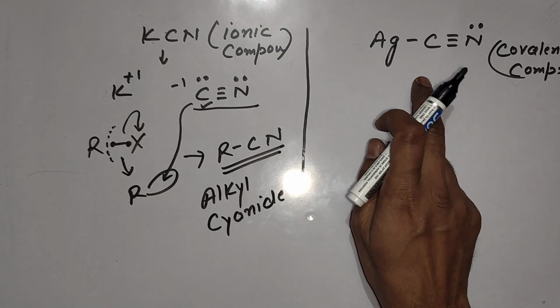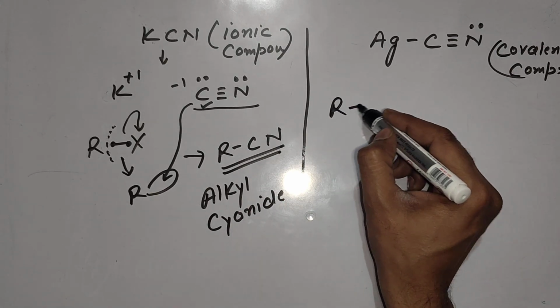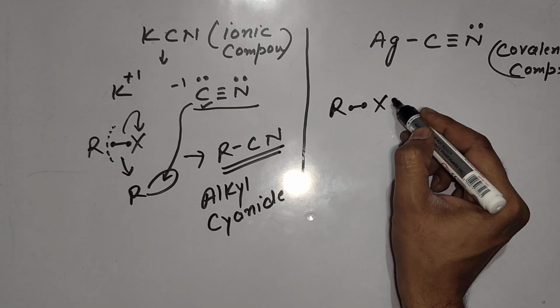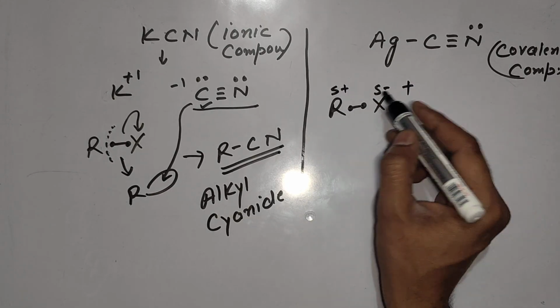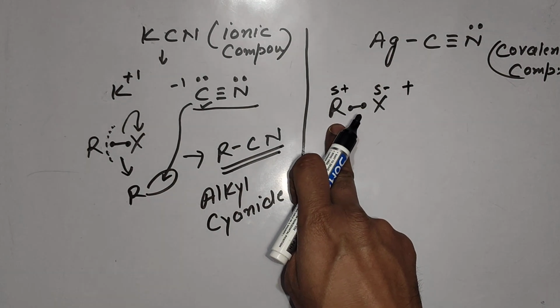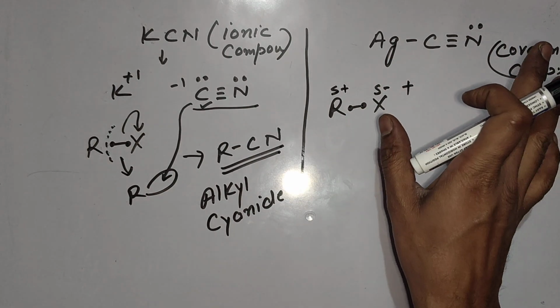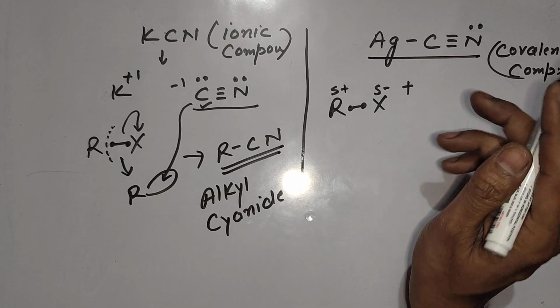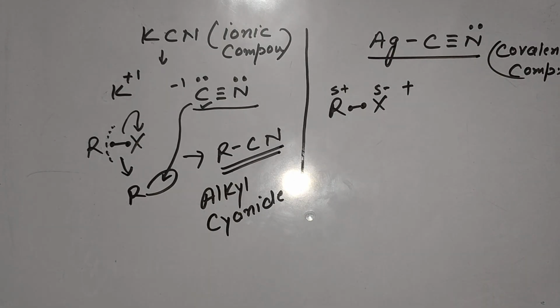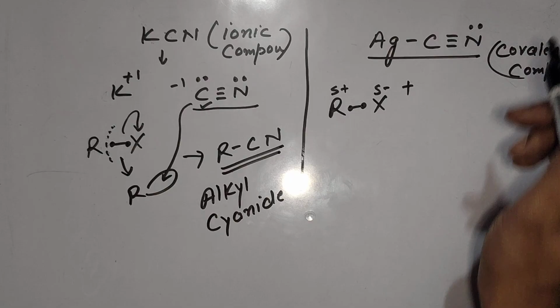Whereas in this case, if we react it with RX, X is negative, R is positive. R positive wants electrons, nucleophile can provide electrons. This reagent we have. Now which atom is in the best condition to provide electrons?